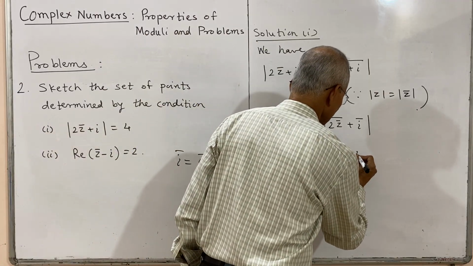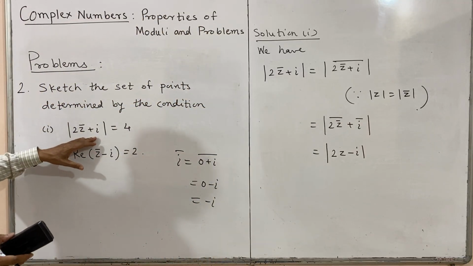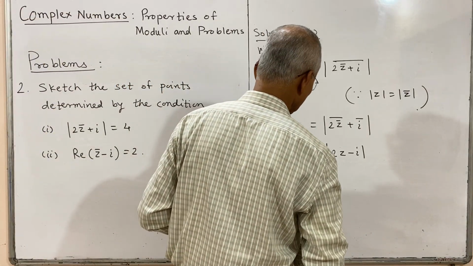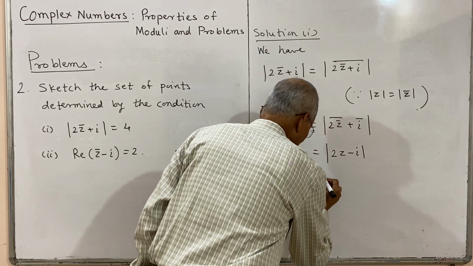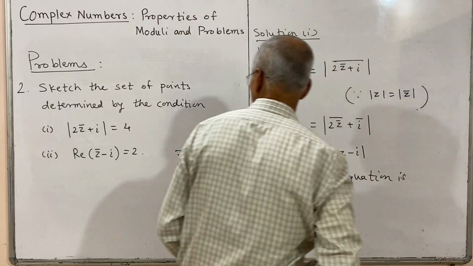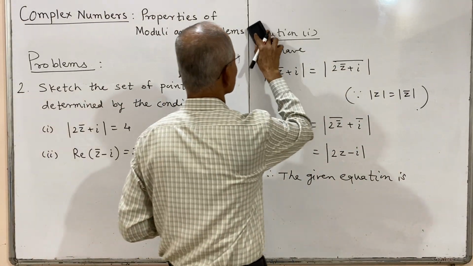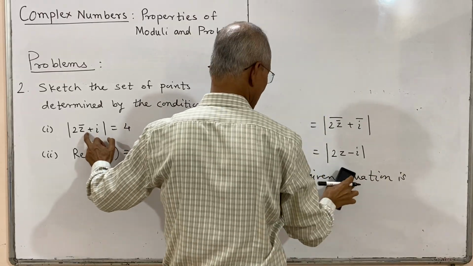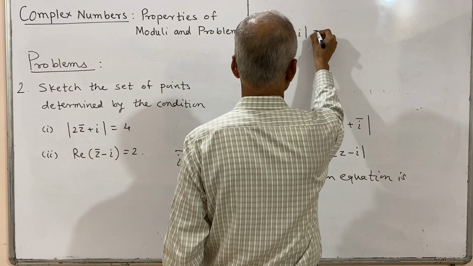Therefore the expression on the left side is mod of 2z minus i, and so the given equation or condition becomes mod 2z minus i is equal to 4.